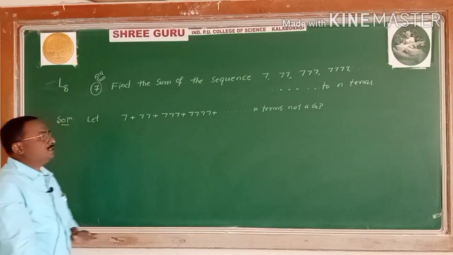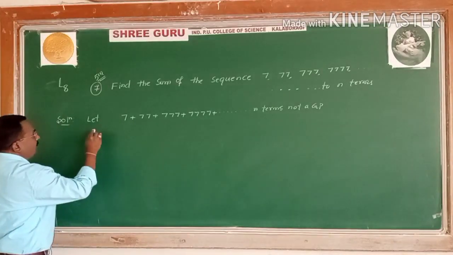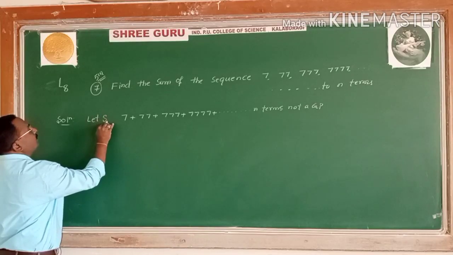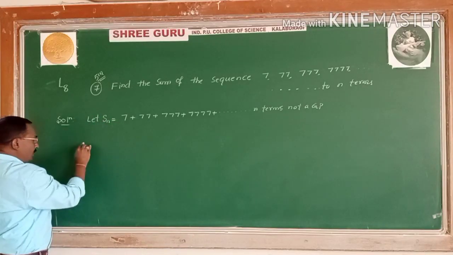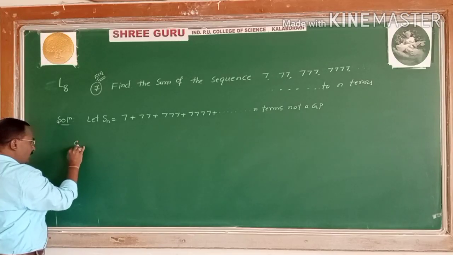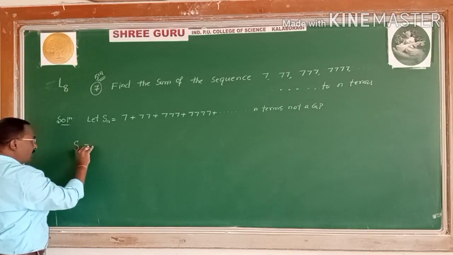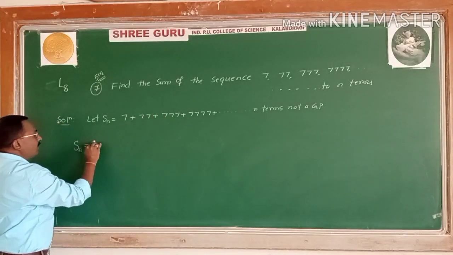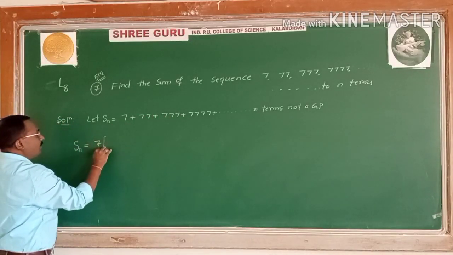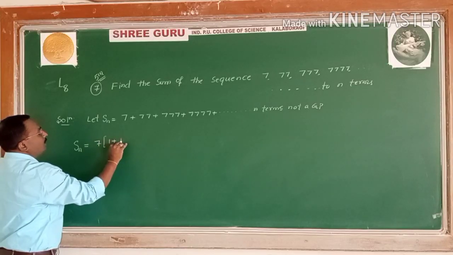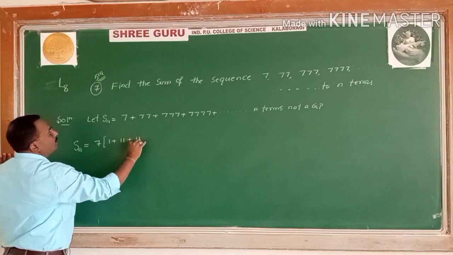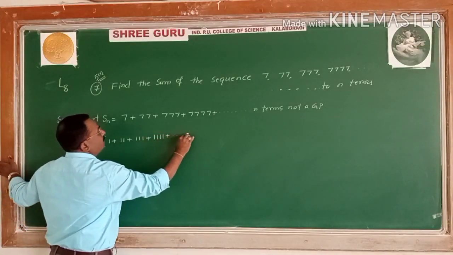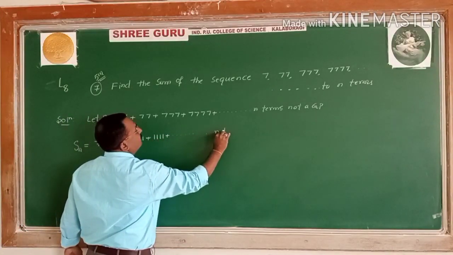Convert it into the form of a GP, that is the procedure. Here Sn is the sum. Sn is equal to 7 taking common: 1 plus 11 plus triple 1 plus double 1 plus and so on to n terms.